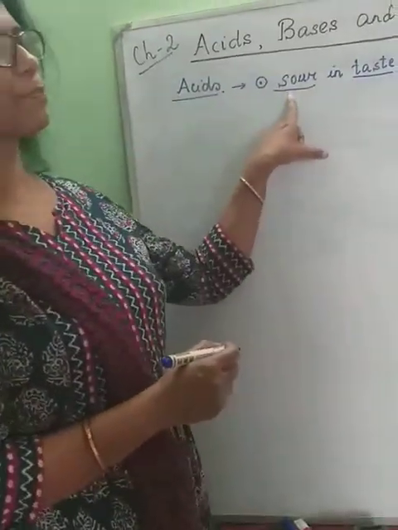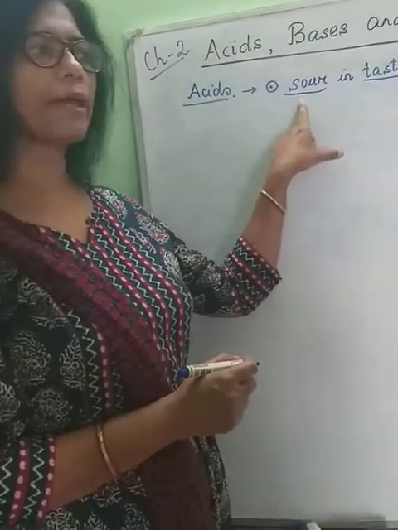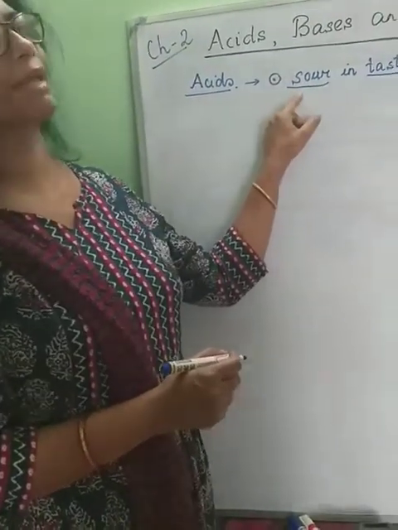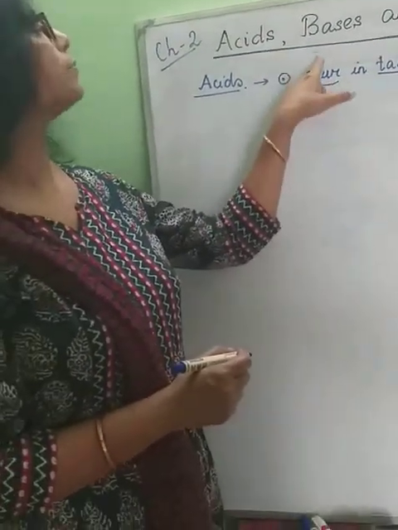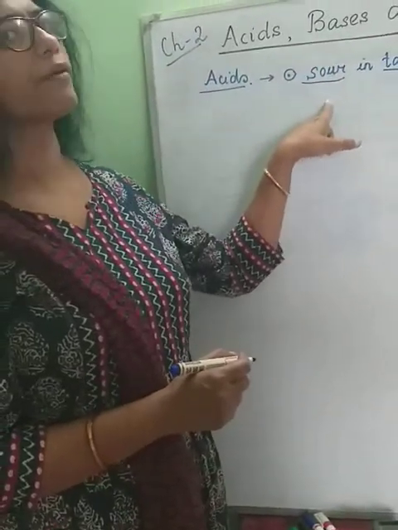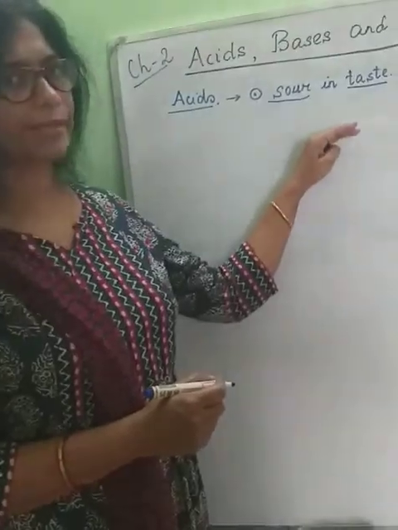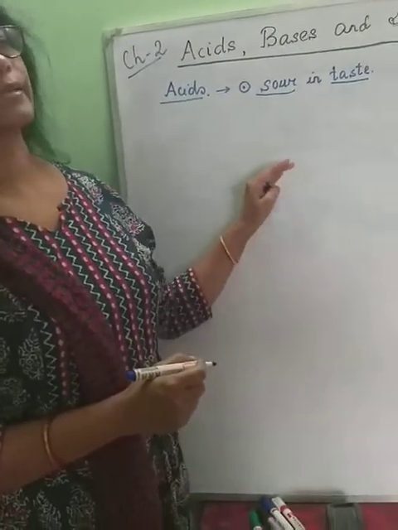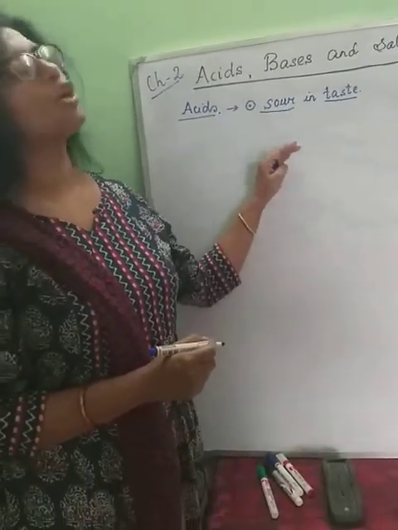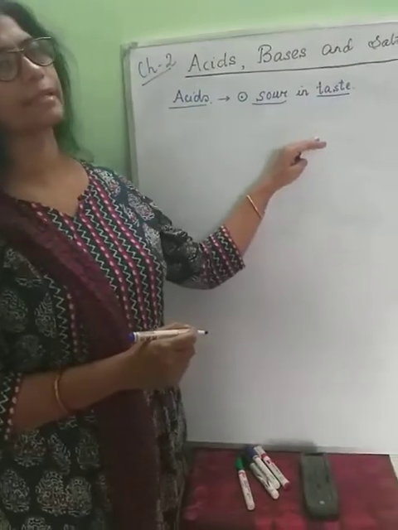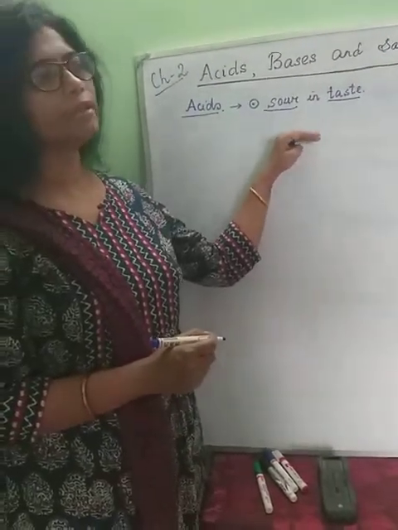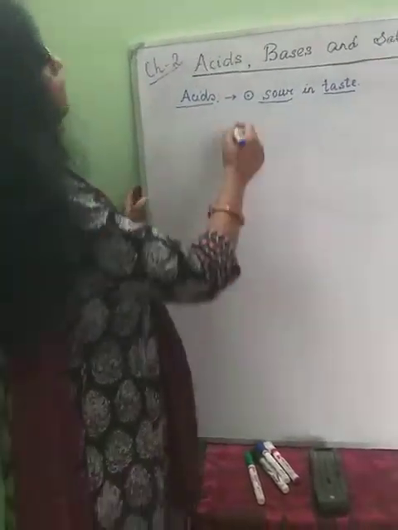So by the presence of ascorbic acid, all the citrus fruits are sour in taste. They also contain citric acid, tartaric acid and many other organic acids, that is acids having living origin.